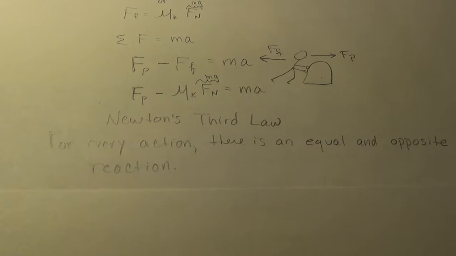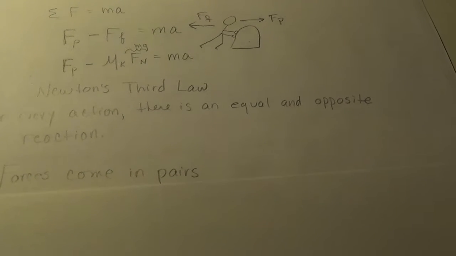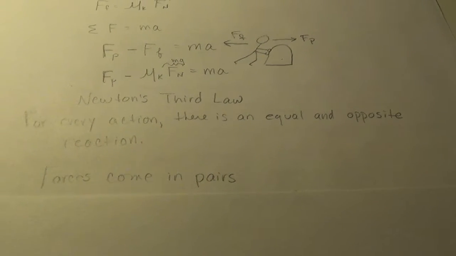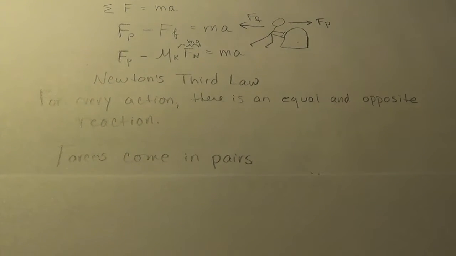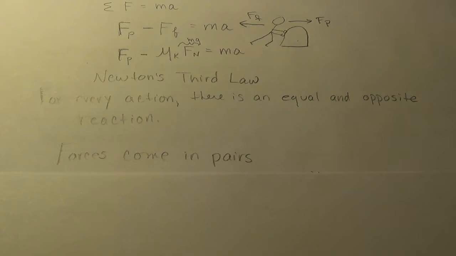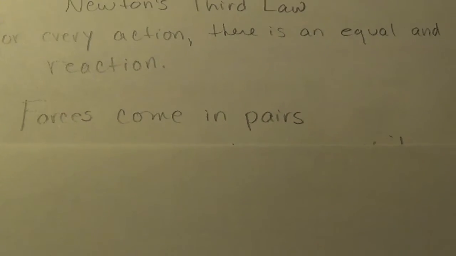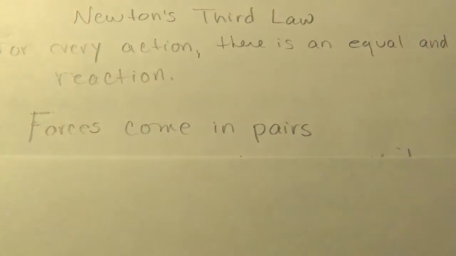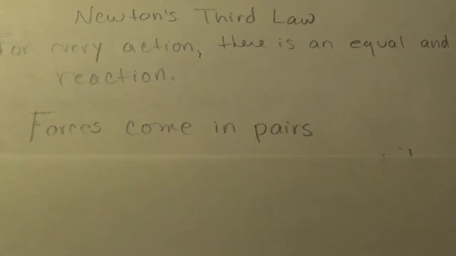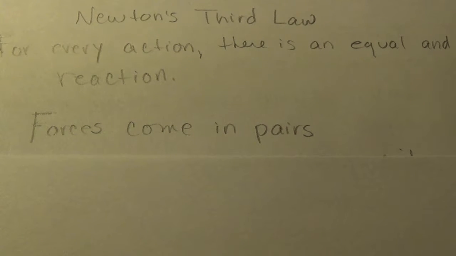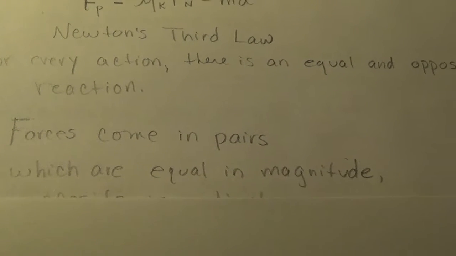So it turns out this idea indicates that forces come in pairs. So for every action, there's a reaction. So we're talking about a force in one direction and then an equal and opposite force in another direction. So we have these force pairs. We don't have one force acting by itself, but we have the forces coming in pairs.